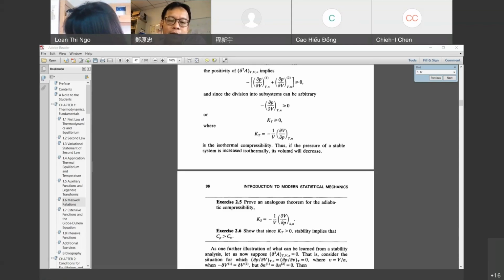The right-hand side, 1 over V partial V partial P, is the definition of adiabatic compressibility: when pressure changes, what is the volume change under constant entropy.